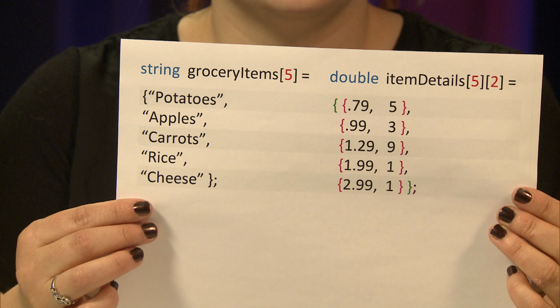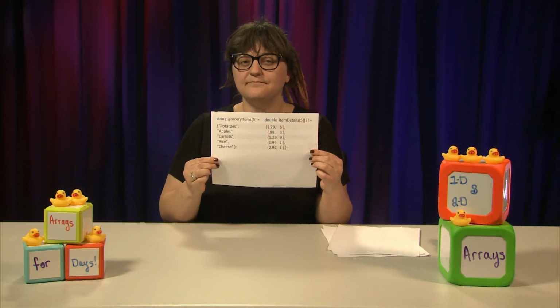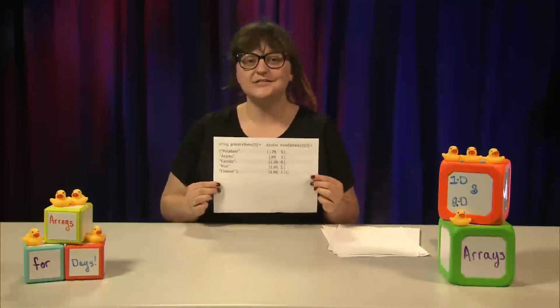So in our very first row here, we have potatoes. They're 79 cents. And then our quantity here, we're going to need 5 of them. This comma between the values is the separation in the set. Then we finish up, we go to the next row, and so on and so forth. Still with me? If this isn't clicking yet, don't panic.